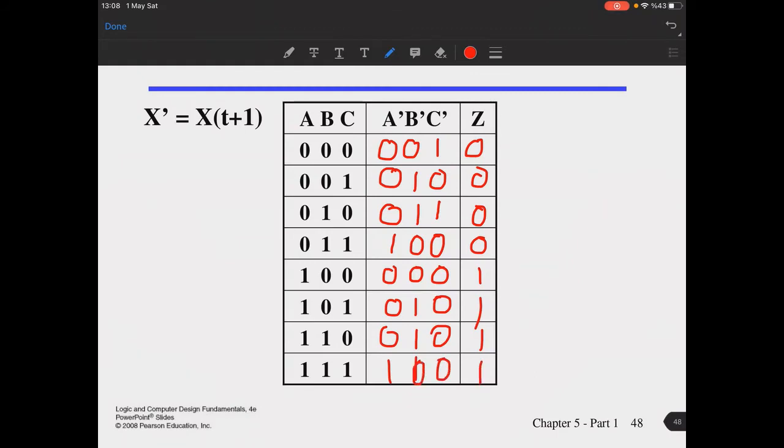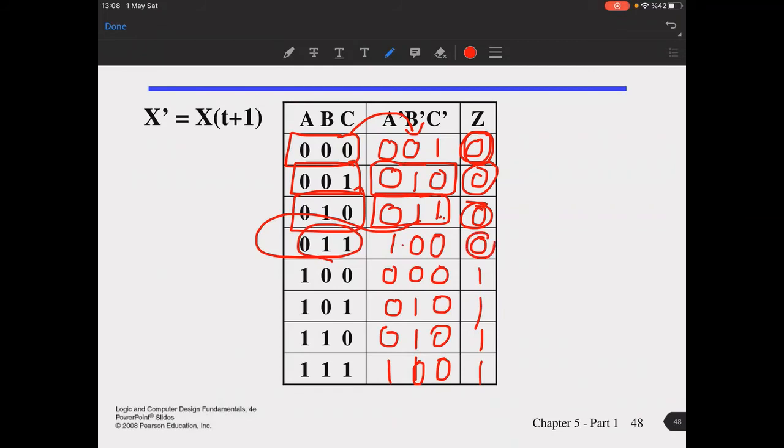Alright, so as you see, I start from this state and then I move to this state by giving 0 output. Then I move to this state giving 0 output, move to this state giving 0 output, and I will now move to this state by giving 0 output.